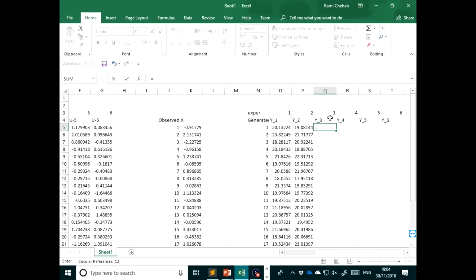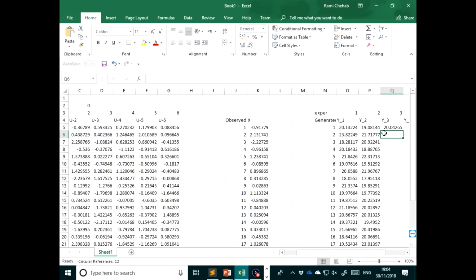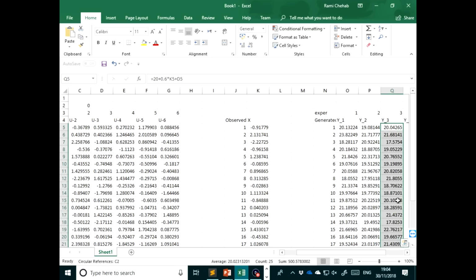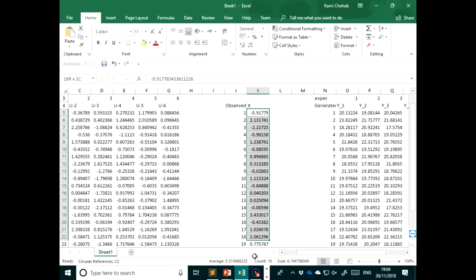And we do the same thing here for 20 plus 0.6 multiplied by x, plus the error term of experiment number 3, and we press enter. So this will be your result over here. If we continue doing this for all the values over here, you will see that for each and every experiment we have y's and we have the same x.